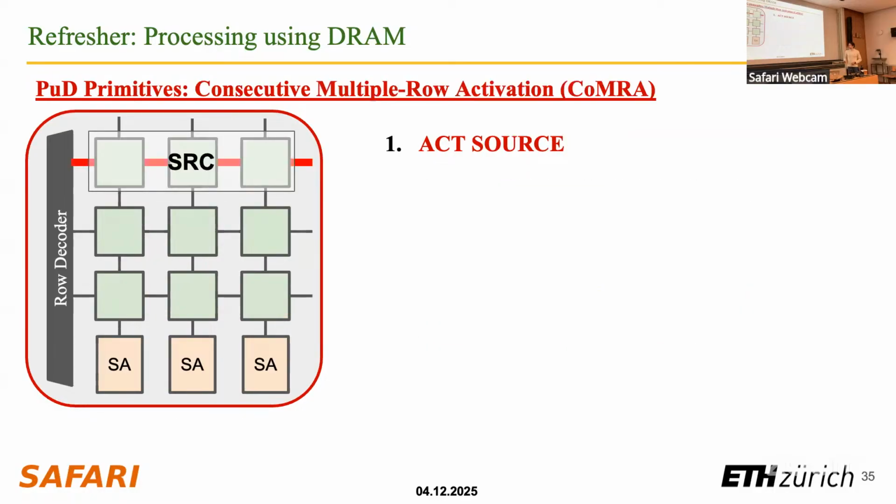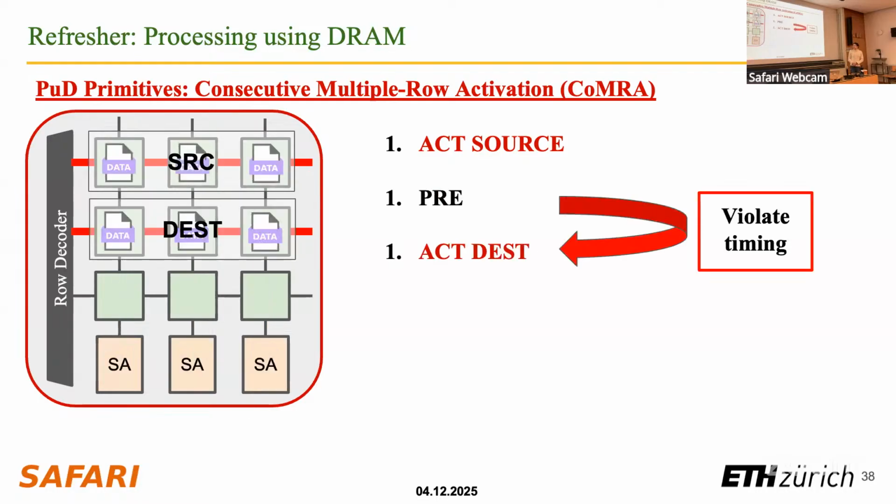So let's look at how they do some of these primitives. We're going to look at two effects that they can achieve by violating these timings today. One is consecutive multiple row activation. The other one is simultaneous multiple row activation. We'll get to that in a bit. So for consecutive multiple row activation, you issue your activation command, then you pre-charge, and then between the pre-charge and the activation of your destination row, you're going to violate the timing.